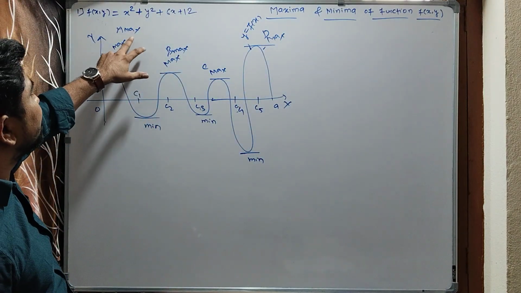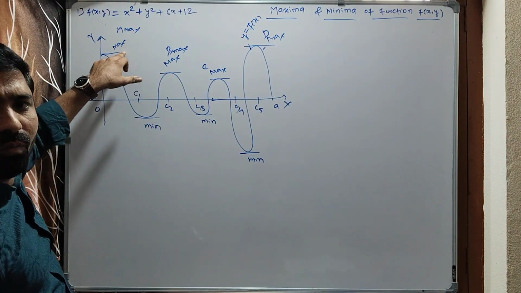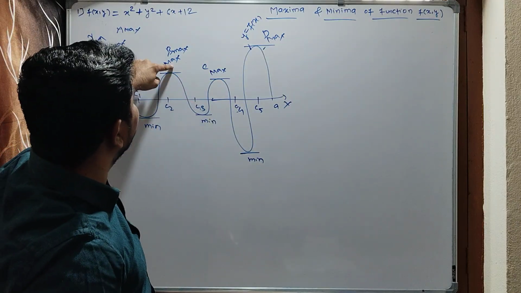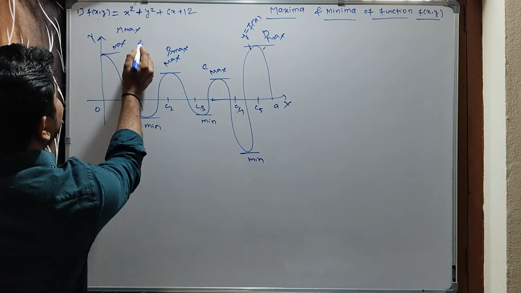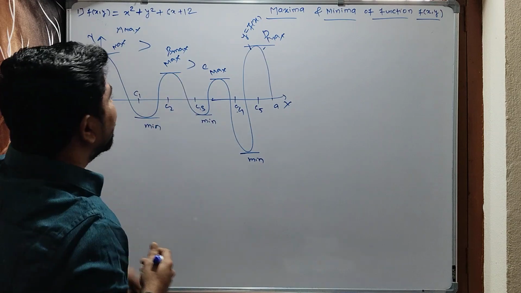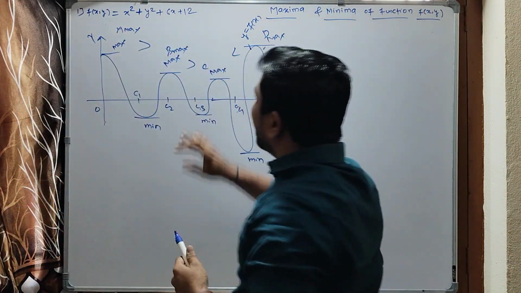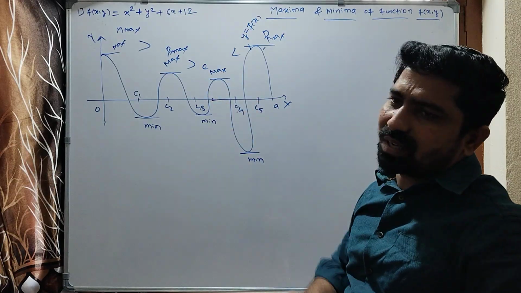Compared to A and B, this is more than B max. Compared to this C, B max is greater than this. But compared to these three, this D is greater than all of A max, B max, C max.